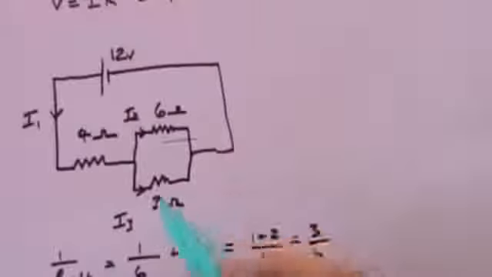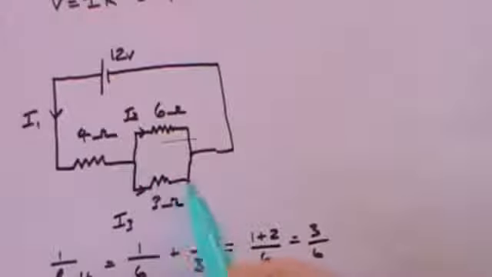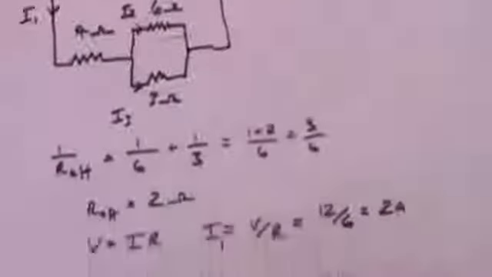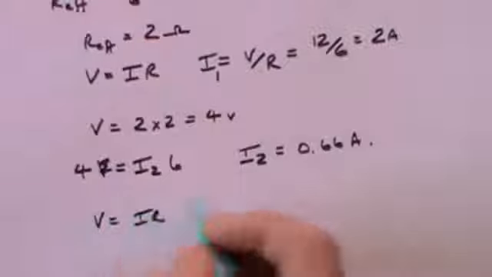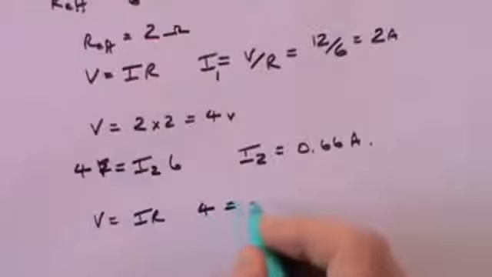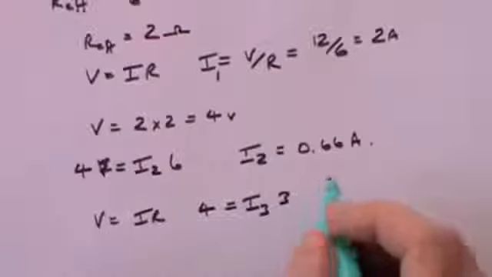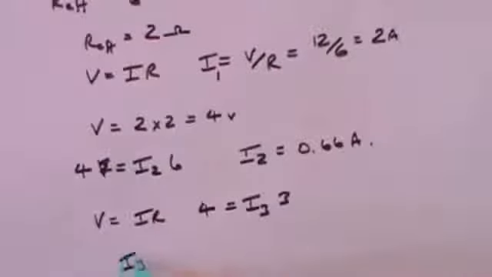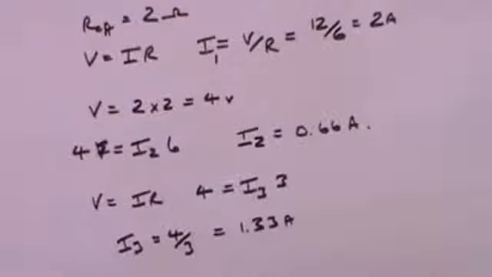To find I3, which is coming through here, we say that across this whole unit is 4 volts and a 3 ohm resistor. So V equals IR, V is 4, I3 is what we're trying to find, and the resistance was 3, which means I3 is 4 over 3, which is equal to 1.33 amps.